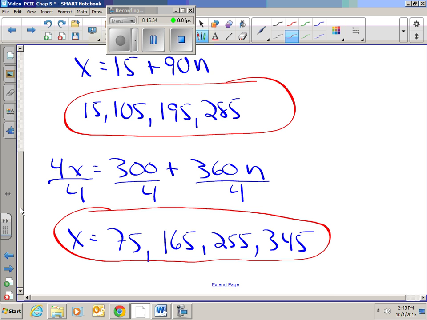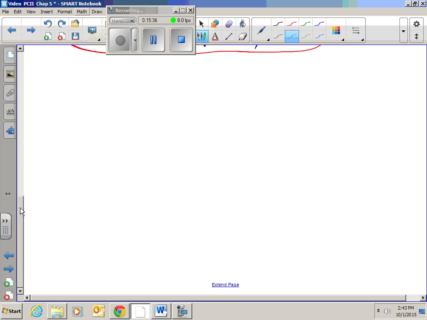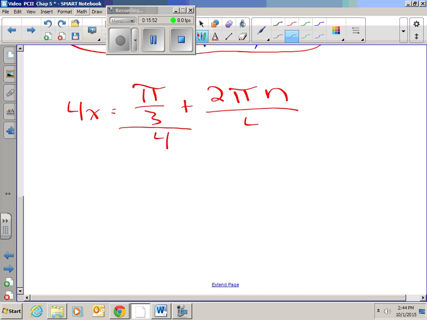If I wanted to do that in radians, I would know that I would have 4x equal to my 60, which is pi over 3, plus 2 pi n. I now need to divide both sides by 4. So I get x equals pi over 3 divided by 4, which is pi over 12.